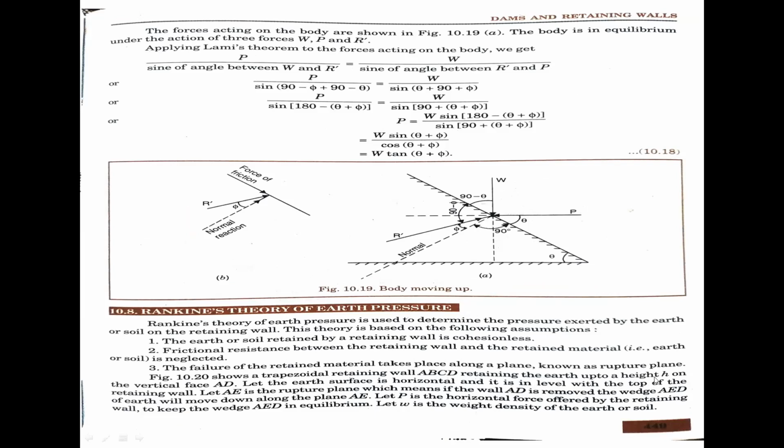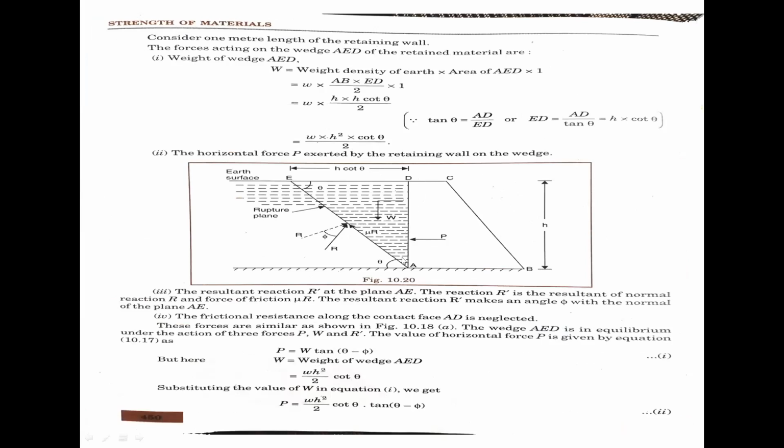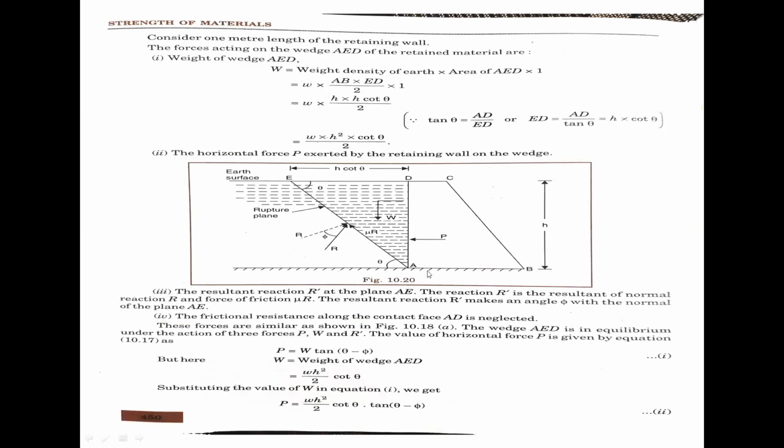The vertical face is AD. Let the earth surface be horizontal and level with the top of the retaining wall, and let AE be the rupture plane. This is AE, the rupture plane.